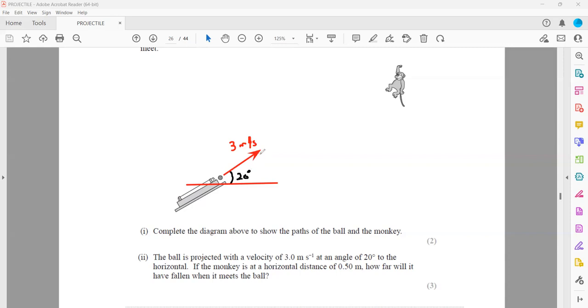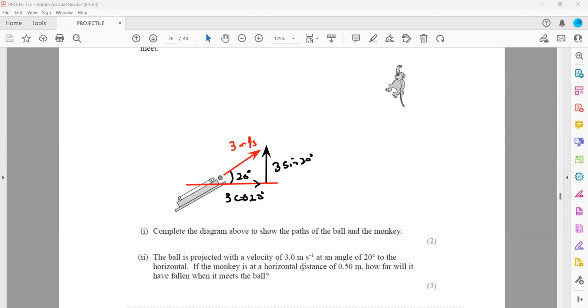Whenever you solve such a question, you will always resolve the velocity into its components. The horizontal component is written with cosine, so that will be 3 cos 20, because the angle with the x-axis is given. And the vertical component is 3 sin 20.